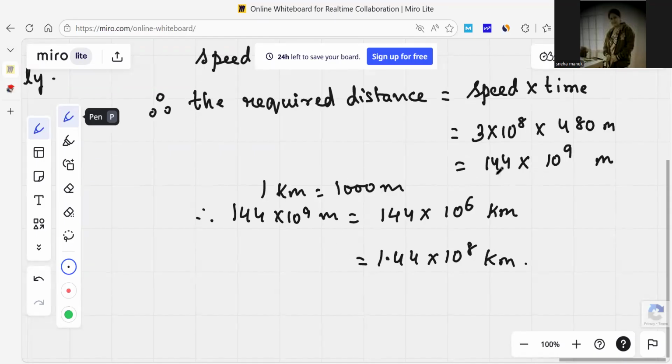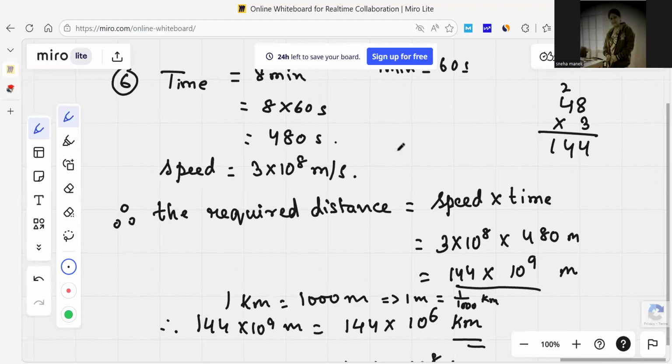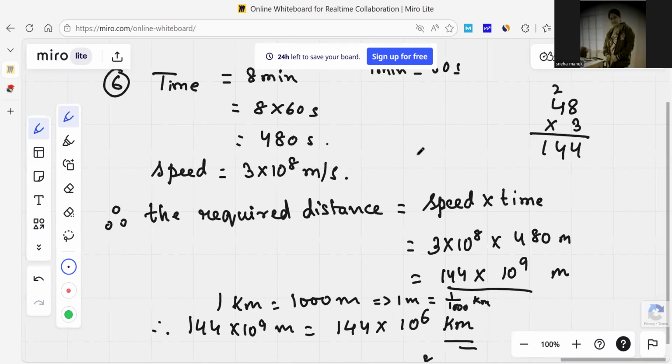Because what I did was convert the meter to kilometer first. So for that, 3 zeros go off, because from 1 meter we get 1 by 1000 kilometer, right? So 3 zeros got cut off. We just reduce the power, and then since I'm expressing this in the correct order, putting the decimal point here, 2 zeros will be added more, right? So these are just simple numericals related to exponents, and expressing the number in the correct order.